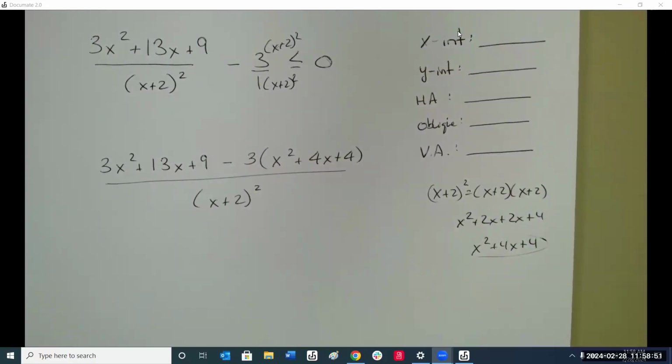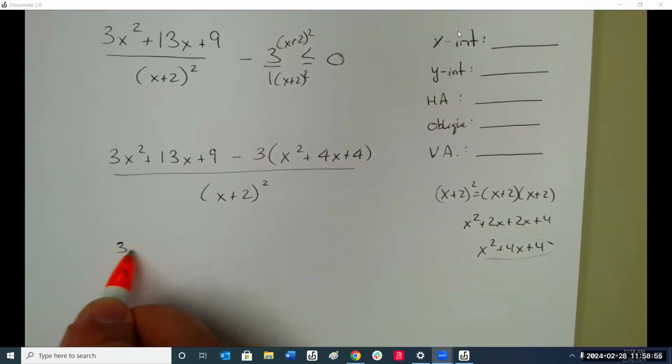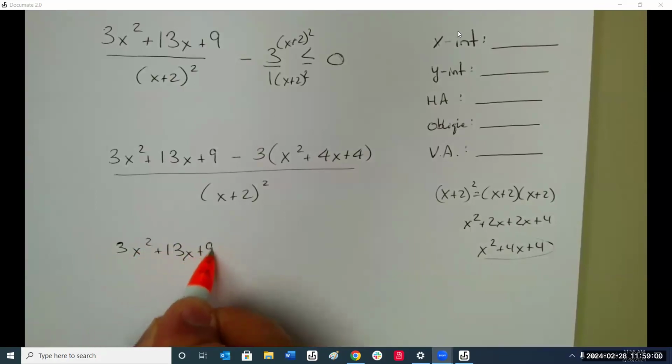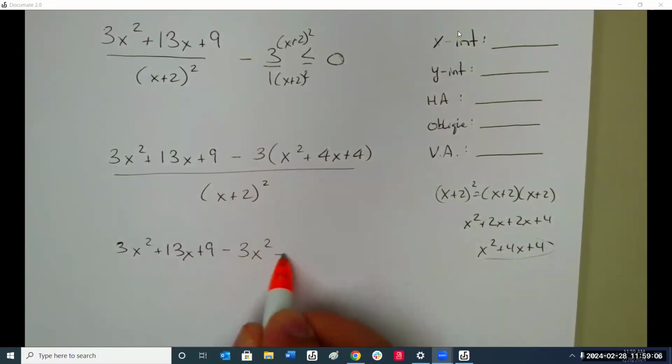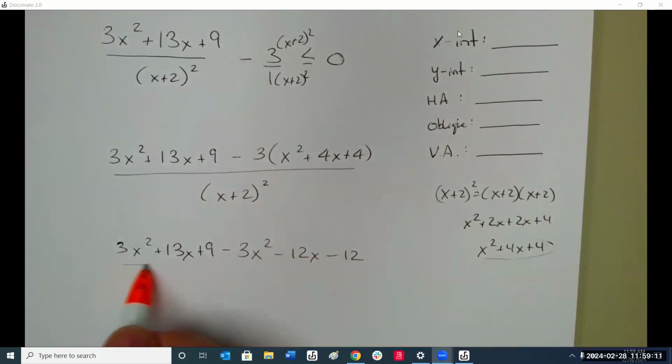Then we have to simplify the numerator. So x squared, negative 12x, negative 12.